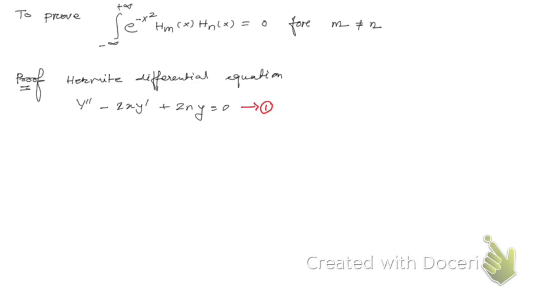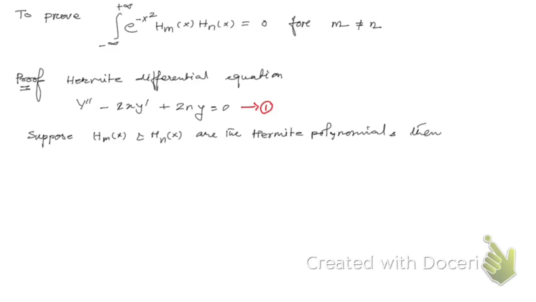Now if we consider two Hermite polynomials, suppose Hm of x and Hn of x are the Hermite polynomials, then they must satisfy equation number 1, right?